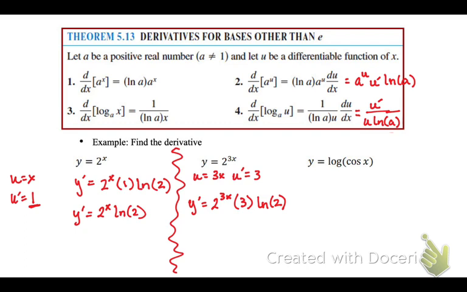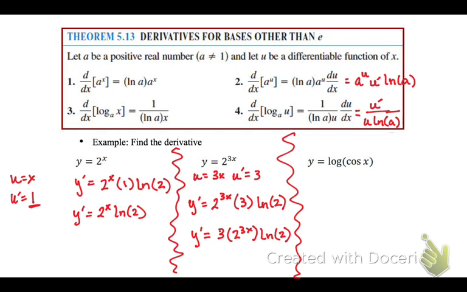I about multiplied 2 times. That would have been horrible. I do not like how that looks. So I'd put 3 times 2 to the 3x, natural log of 2. But honestly, did I change it any? No. I just got that constant out in the front like we're used to seeing. So it can be a coefficient.